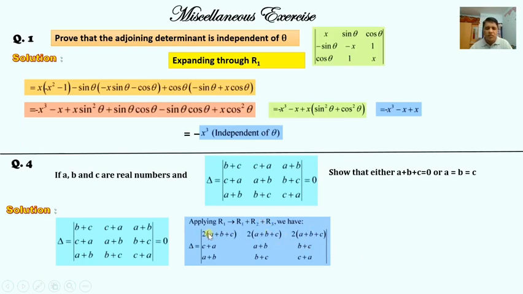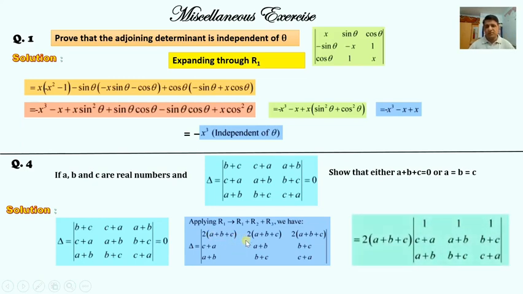Let us now take common twice of A plus B plus C from R1. Then what do we get? Twice of A plus B plus C is taken out of the determinant. Then we have identical elements 1, 1, 1 in R1. So C plus A, A plus B, B plus C are the non-one elements which remain now.